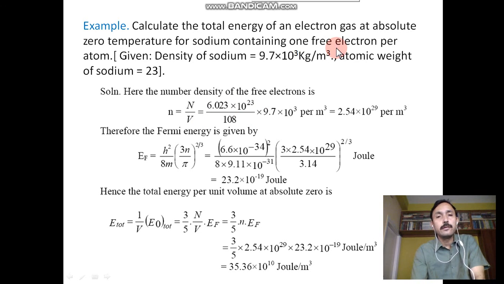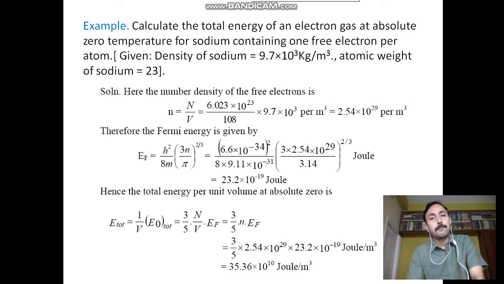This is sodium, so its atomic weight should be 23. There is an error here: this should be 23, not 108. It is a typographical mistake. So into 9.7 × 10^3, this becomes 2.54 × 10^29 per meter cube.